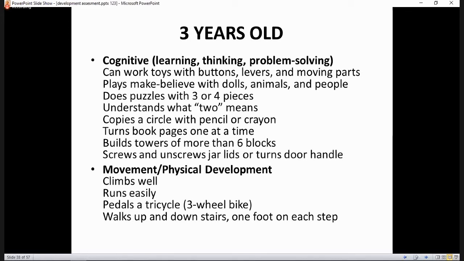Can screw on a jar lid or turn a door handle. In the movement and physical activity, they can climb well, run easily, ride a pedal tricycle, and walk up and down stairs with one foot per step.